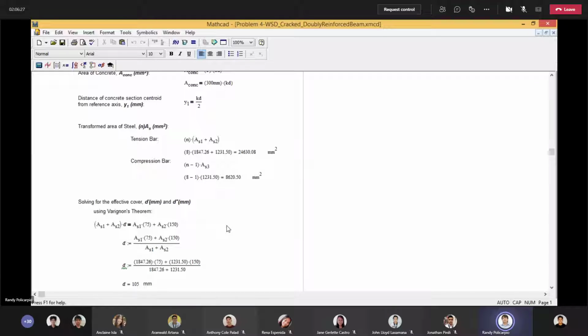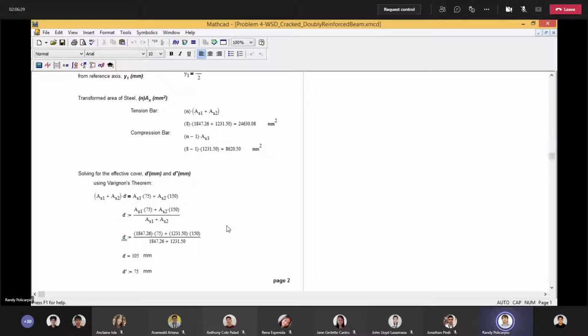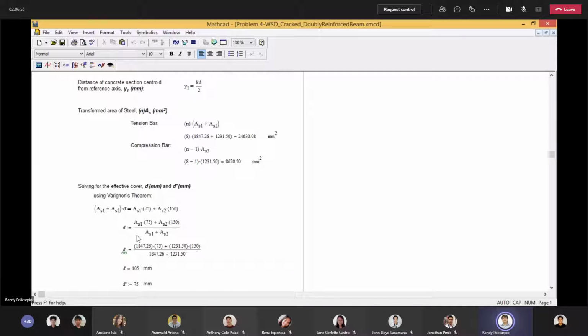Now solving for the location ng ating tension bar, yun yung tinatawag nating D prime. So how do we determine yung location o yung D prime, yung effective cover natin?